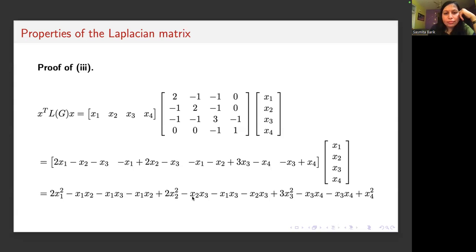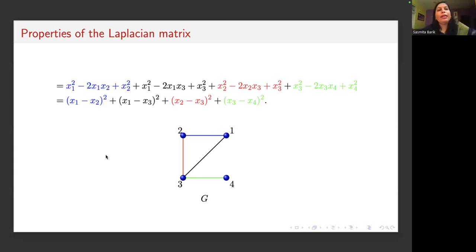That way those terms are coming. And if you put them together, I can write them like this. So I took x1 square, and I put together two x1, x2, and that's coming because 1 and 2 are adjacent.